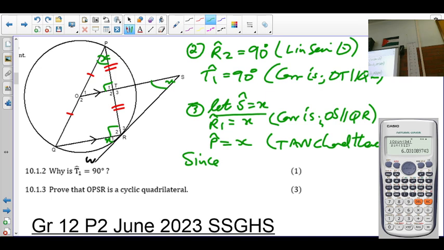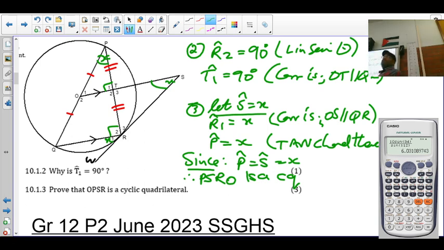We state the obvious, since angle P is equal to angle R1, which is equal to X. Therefore, OPSR is a cyclic quad. Why? Because you can either write converse of angles in the same segment or equal angles subtended by the same chord.